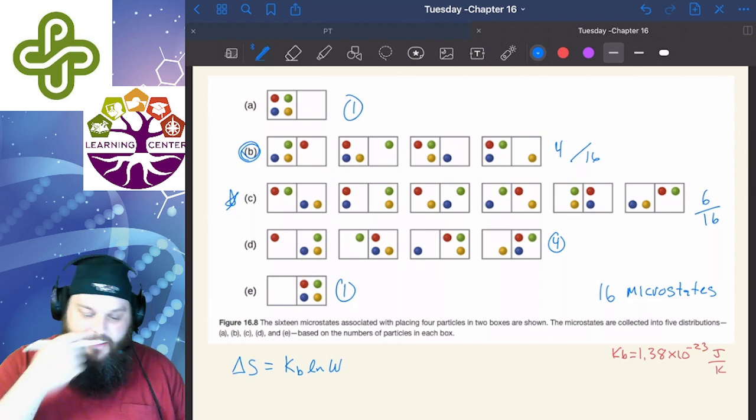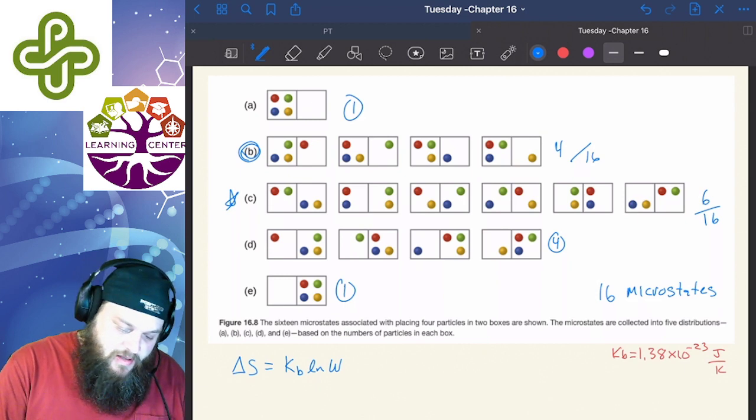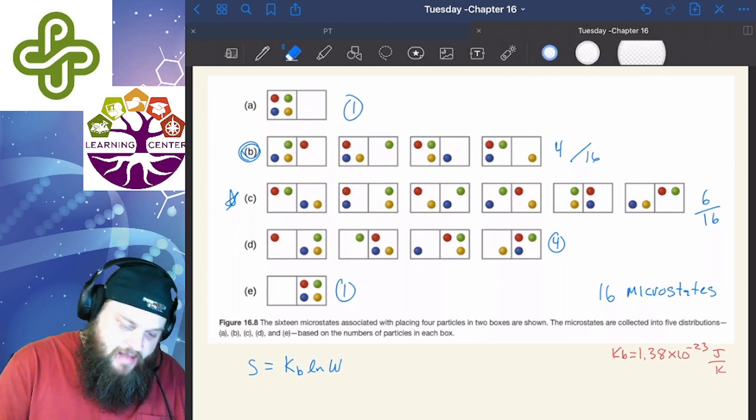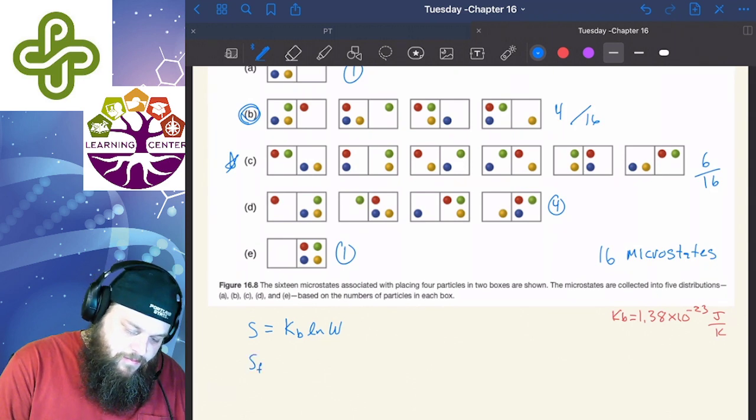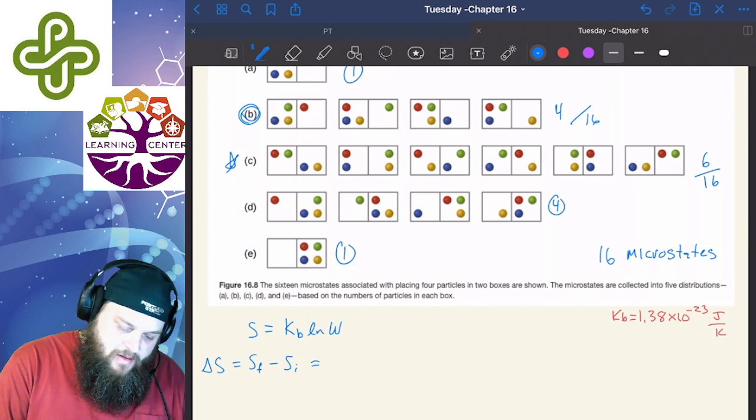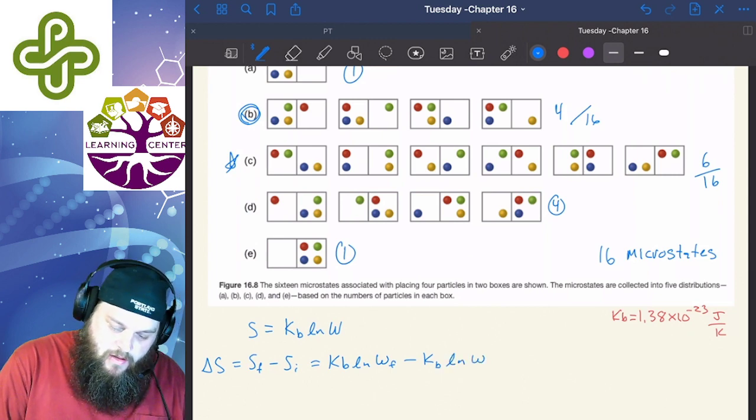So we can calculate the change, because this is really S. The change in S would be S final minus S initial, which is my delta S. And we can solve that by saying k_B times the natural log of W final minus the Boltzmann constant times the natural log of W initial.